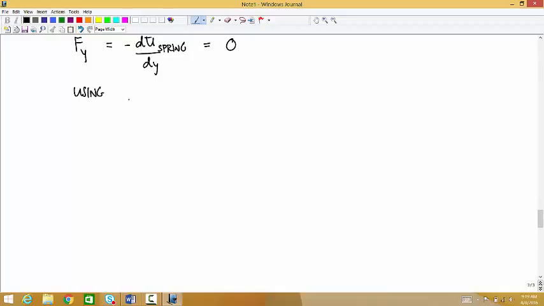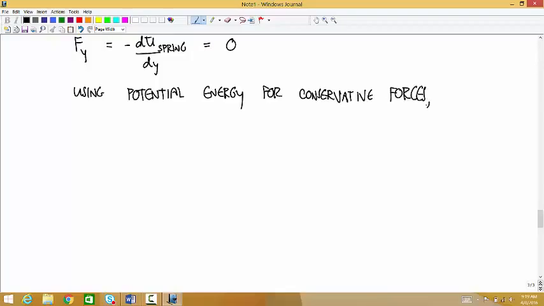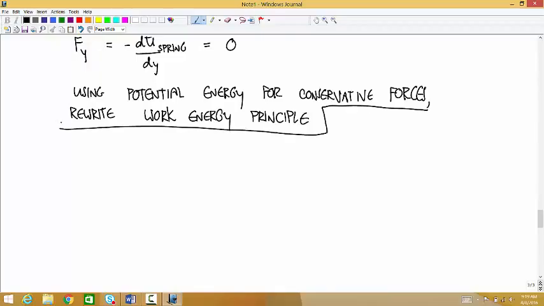So using potential energy for conservative forces, we can rewrite the work energy principle, and all we're doing is just breaking up the work into the part done by non-conservative forces and the part done by conservative forces.